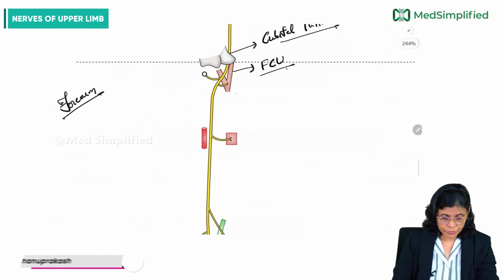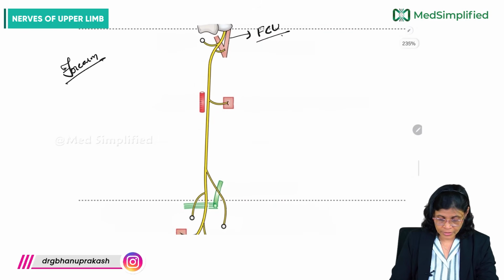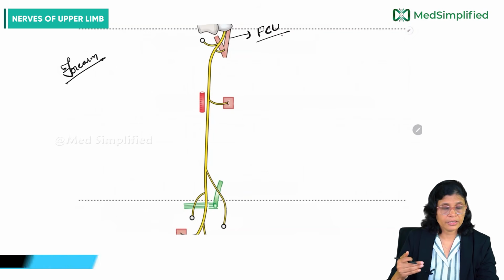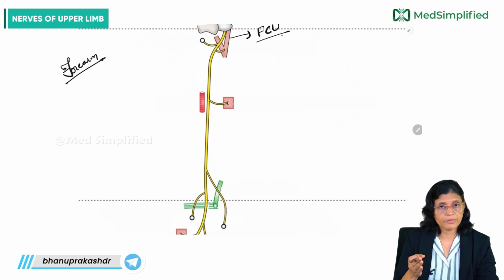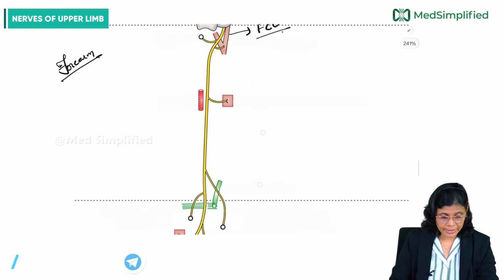Now this is the course we are studying in the forearm. In the upper third of the forearm, it will run almost vertically downwards under the flexor carpi ulnaris muscle itself, and in the lower third of the forearm, it becomes superficial and lies lateral to the tendon of the flexor carpi ulnaris.